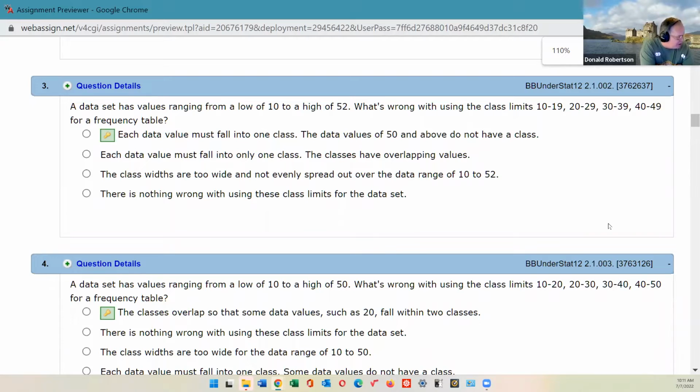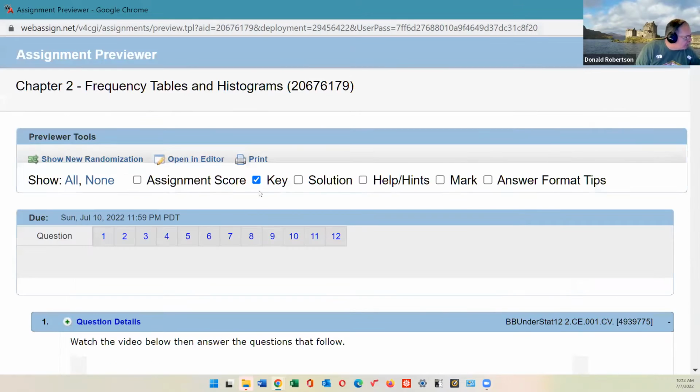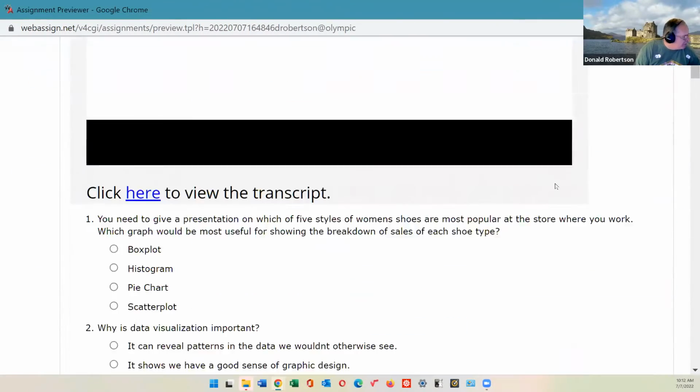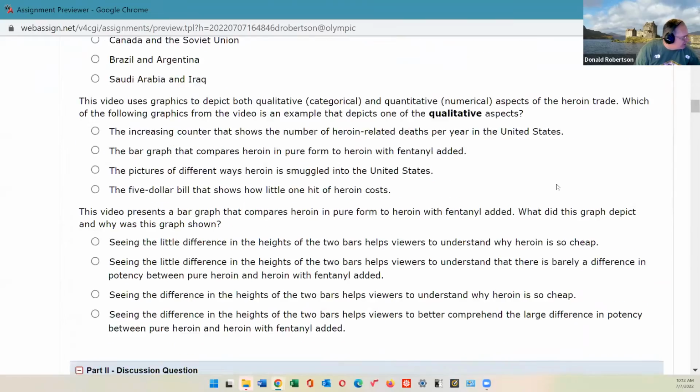A data set has values ranging from as low as 10 to as high as 52. What is wrong with this group of intervals? And darn it, the answer's there. We don't want to see the answer. So hopefully you didn't have time to remember what the answer was.